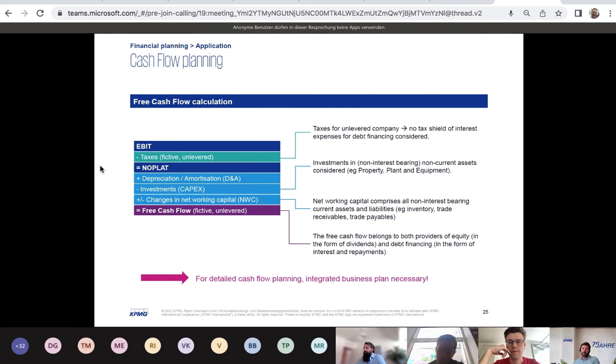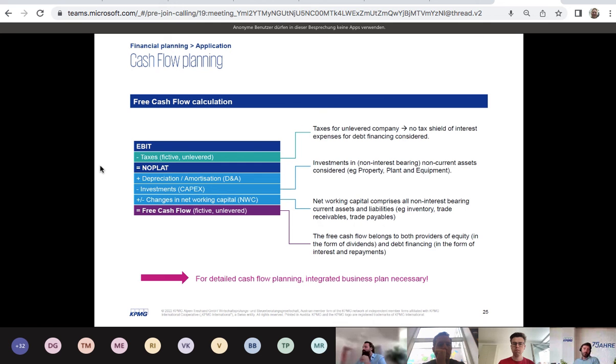And also what's important here is that you have your changes in net working capital included. So if you do a very simplified DCF valuation, you basically need to plan at least these components.